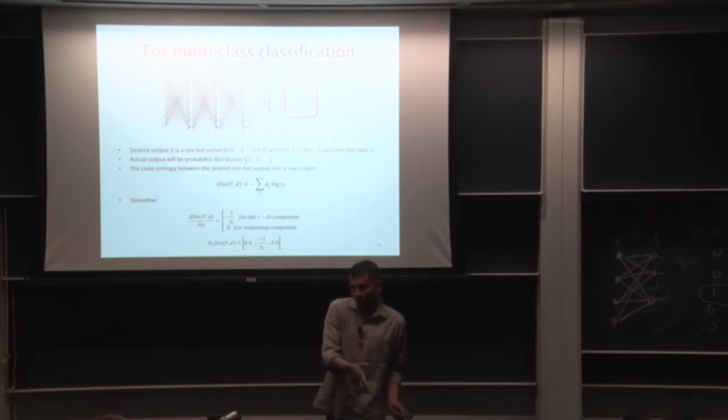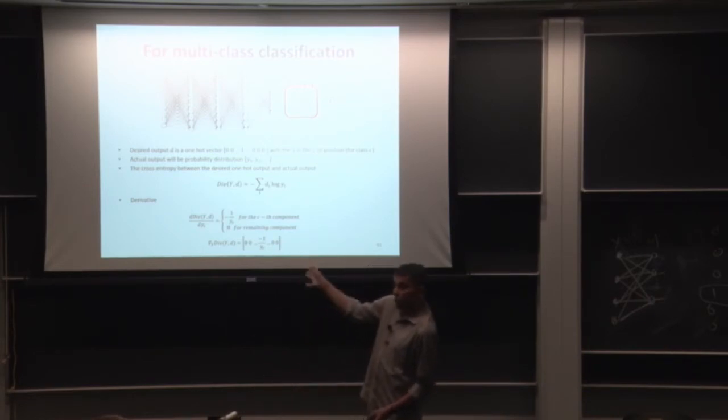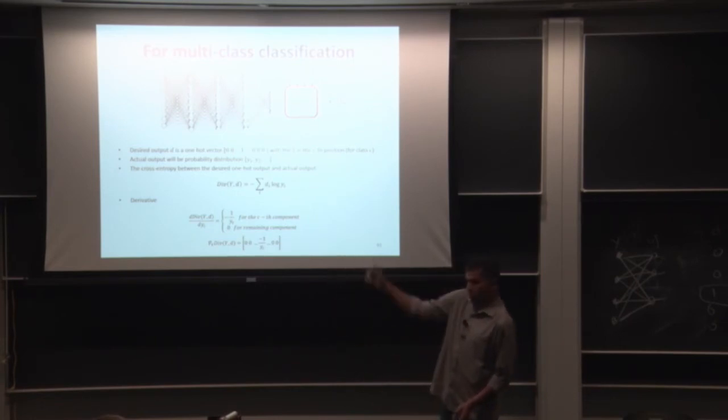If I give it a picture of a cat and I know it's a cat, I'm not going to tell the network I'm half sure it's a cat. In principle, d could also be probabilities. Nothing changes. The same principle holds. The derivatives would change. These derivatives are defined for definitive class labels. That's all.